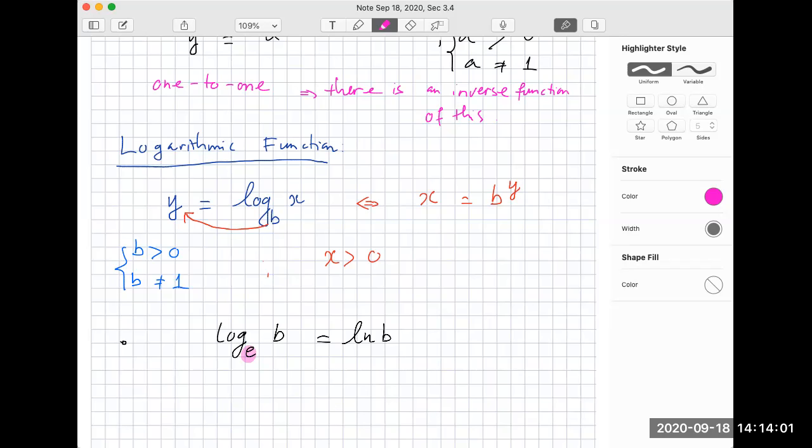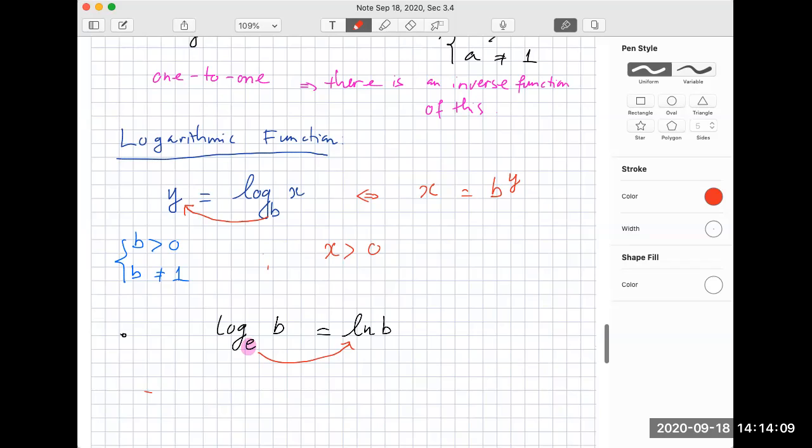And from the definition, we can write b as e to the right hand side here, the same as here. See? e to the ln b.